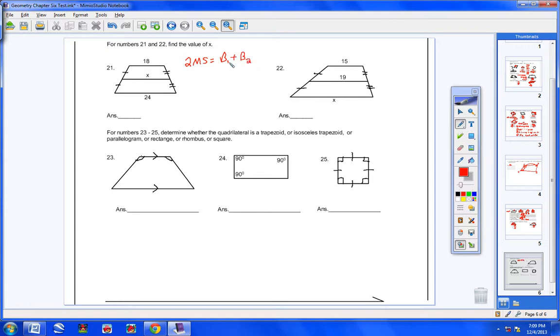I'm pretty sure that was the formula that I gave you guys, okay? I'm glancing back just real quick to make sure that's right. While I'm looking that up, we are going to use that formula to solve 21 and 22.